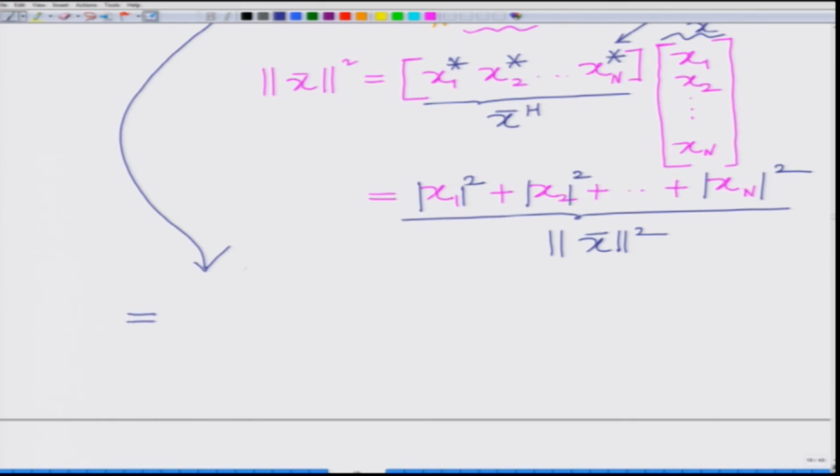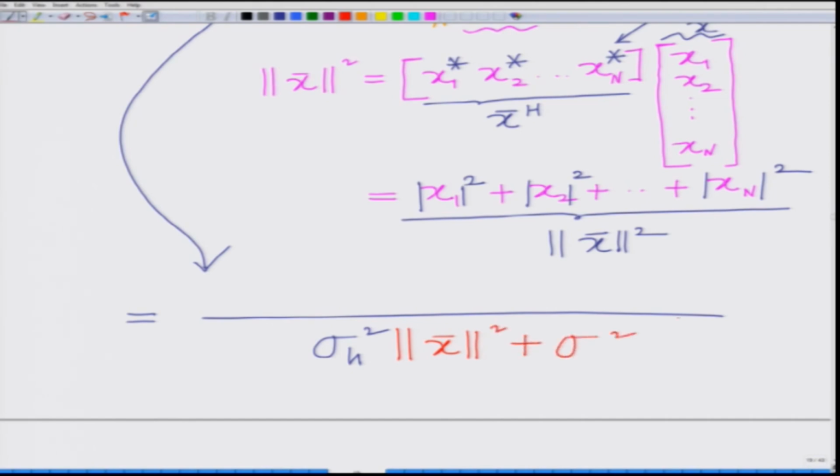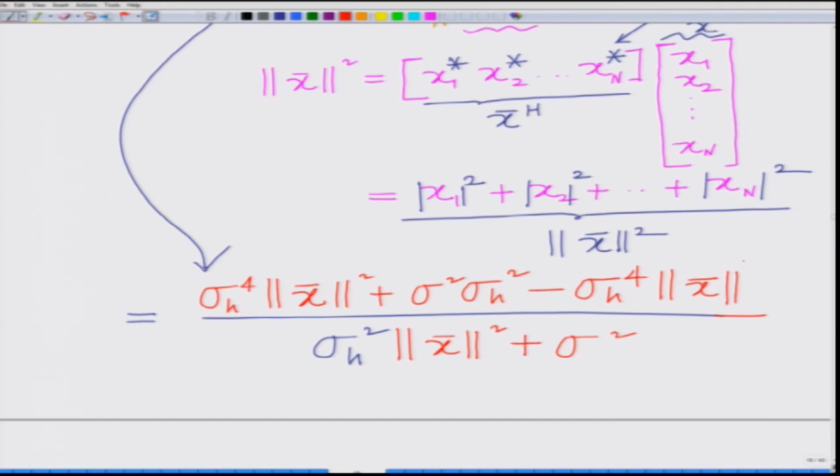That will be given by, now taking this common, sigma h square times norm x bar square plus sigma square sigma h square minus sigma h to the power of 4 norm x bar square.